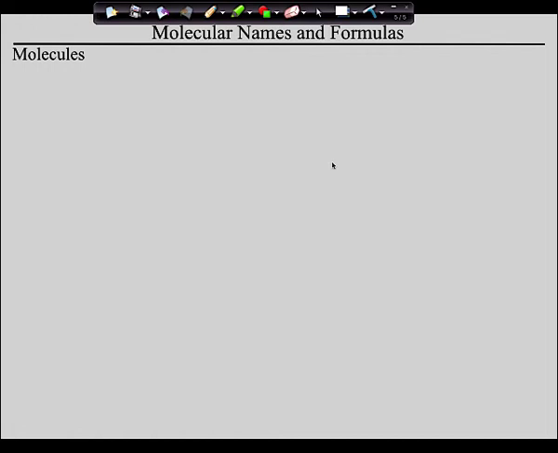So guys, how do you know if a substance is a salt or a molecule? Well, salts are metals to nonmetals. Molecules are nonmetals to nonmetals. So how will you know if something's a salt? It contains a metal. So guys, this is what you need to be able to do. You may want to get this in your notes.